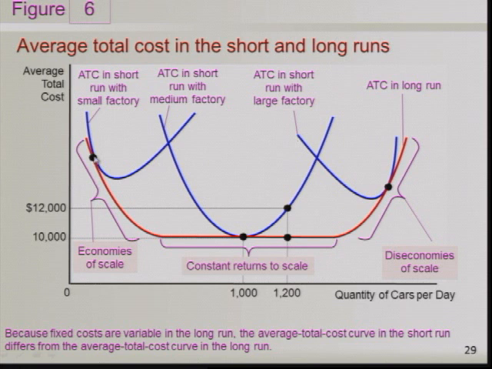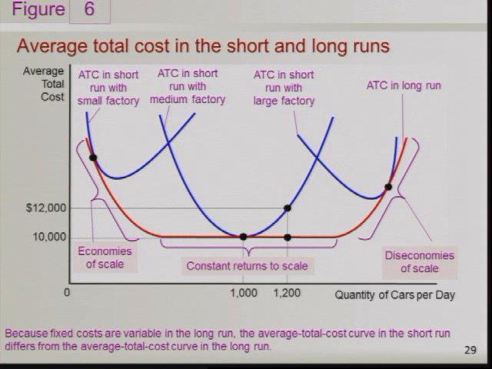Now, if you take the tangents of all three blue U-shaped average total cost curves, remember they're in the short run, so at least one variable is fixed. We're looking at a small factory, and if we were to expand to a medium-sized or large factory, those are the three different scenarios.